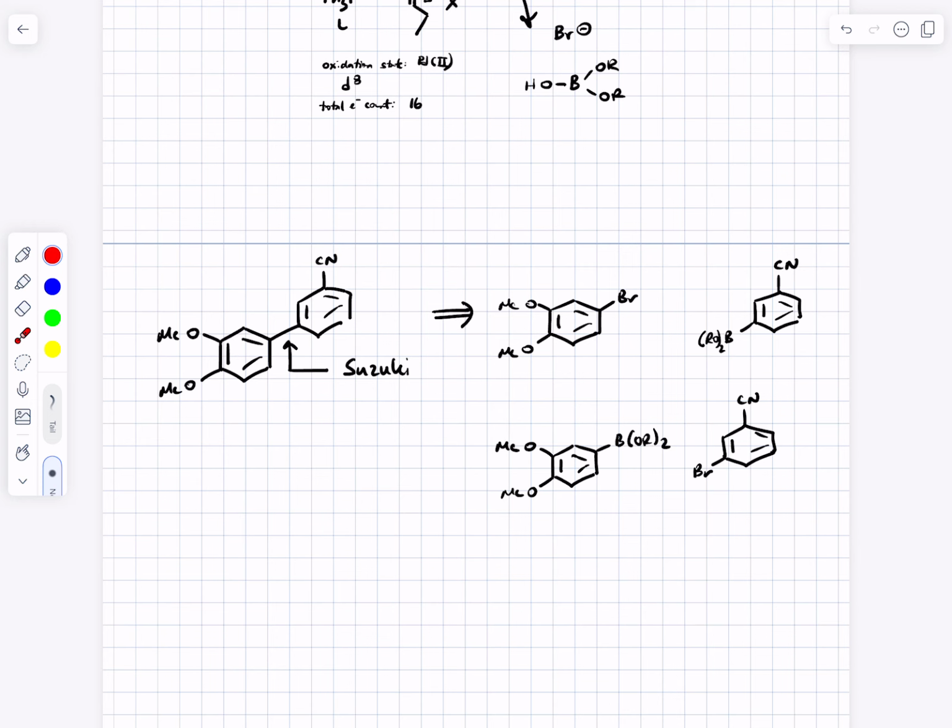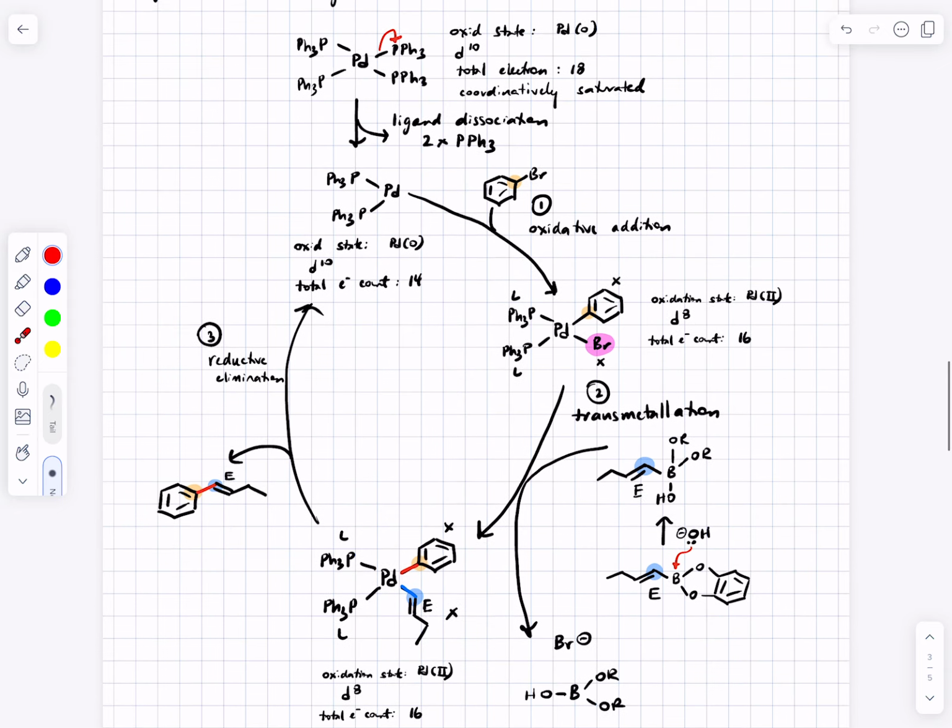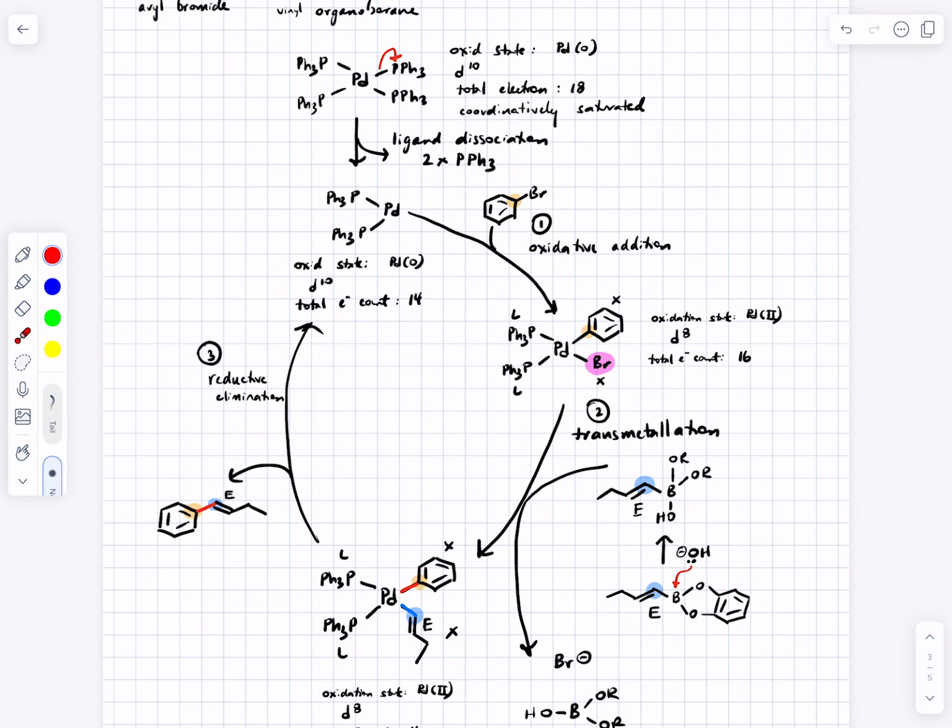Okay, so that's the Suzuki reaction, widely used, and you should think about its use in terms of predicting the products and providing the reagents. It's also totally fair for me to ask questions about mechanisms.